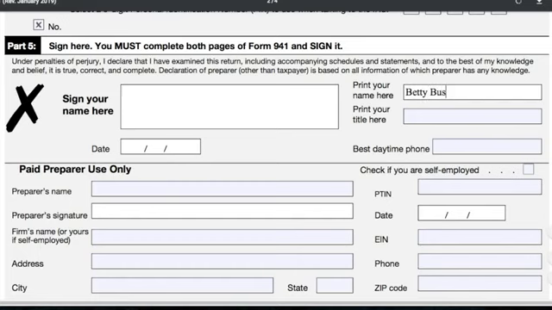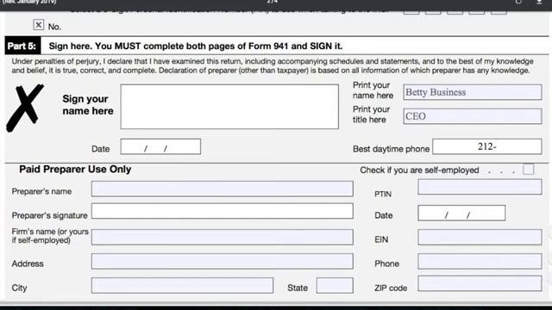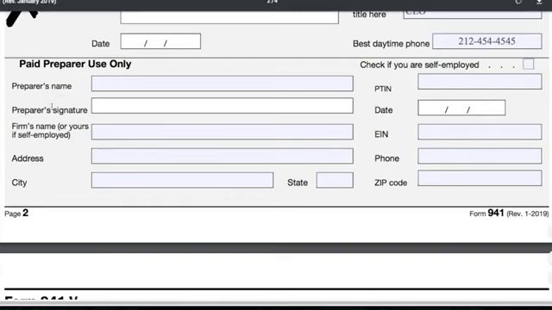So we'll say Betty Business is filling out this form for ABC Bakery, and she is the CEO of the business. And I'll provide her phone number. This last box is only relevant if you hired somebody to fill out your form. And if that's the case, the paid preparer will need to sign and provide their information here.